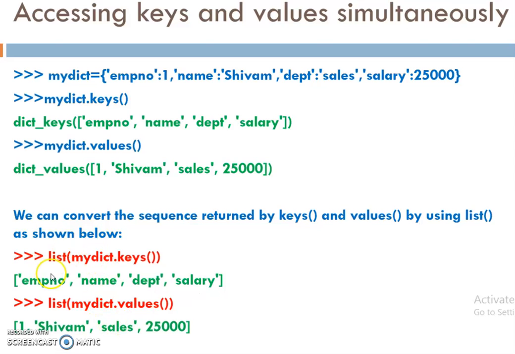Here we are giving the keyword list, that's why all are printed in between square brackets, returned as a list. The list of my dict.values gives 1, Shivam, sales and 25,000. When we get this list, then we can change the values inside the list.